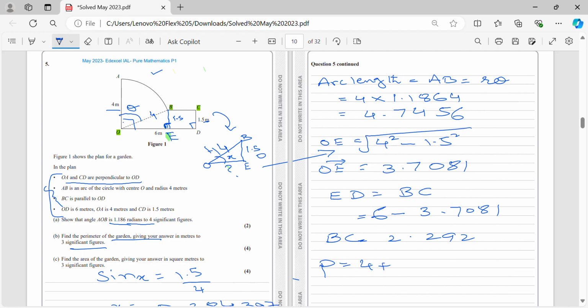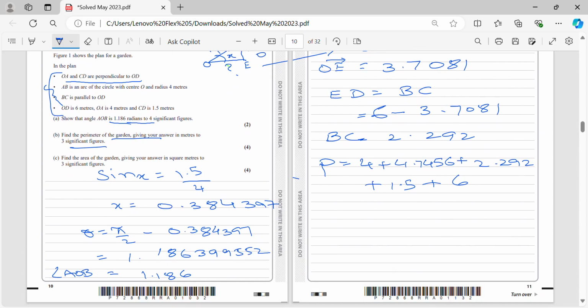AB arc length, we just got, is 4.7456, plus BC is 2.292, and CD is 1.5 plus 1.5, and we have OD, that is 6. Add up all sides, so use the calculator here.